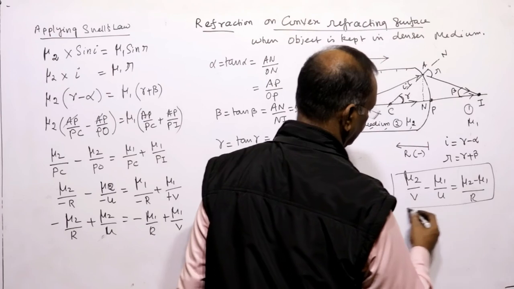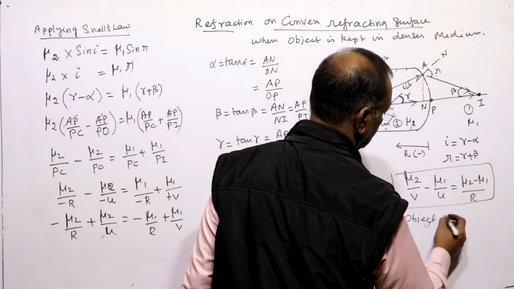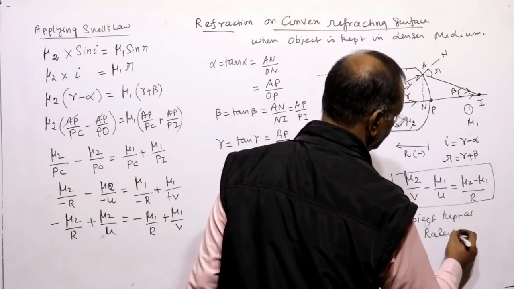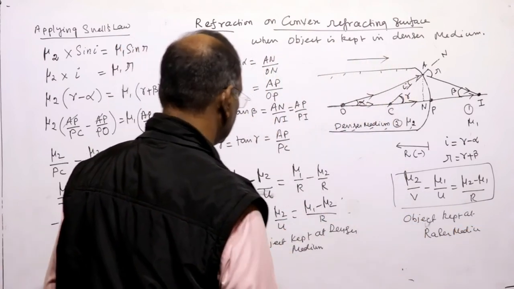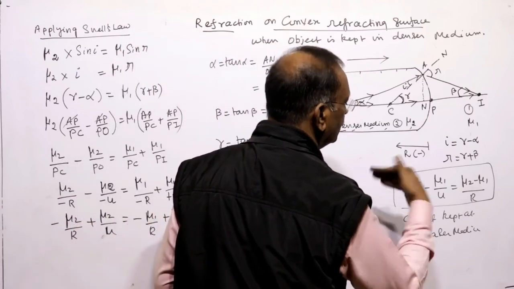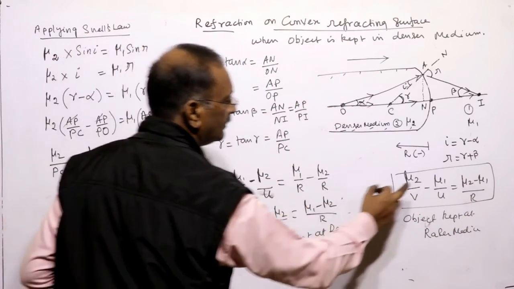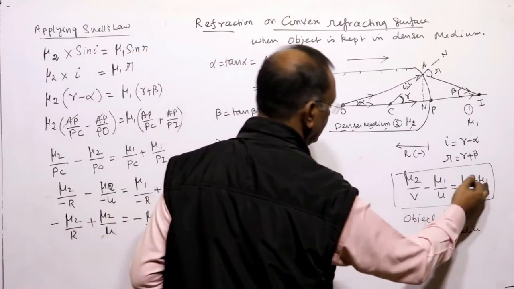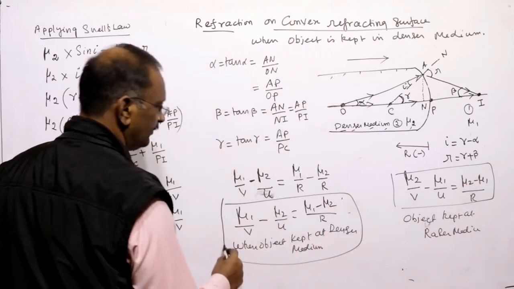Here u and v stay in their places. In this equation, replace mu2 by mu1 and mu1 by mu2, and you get the other equation.